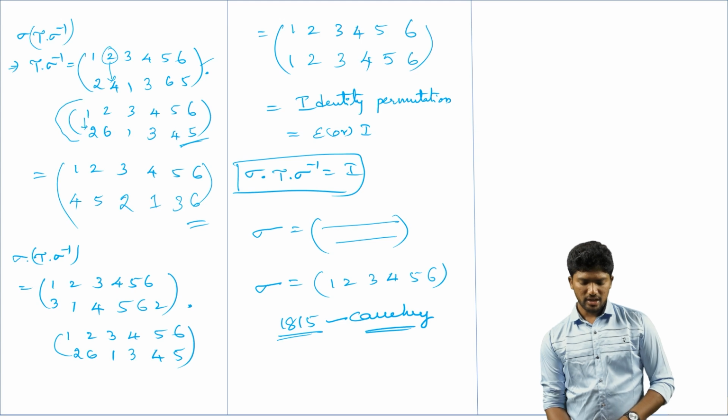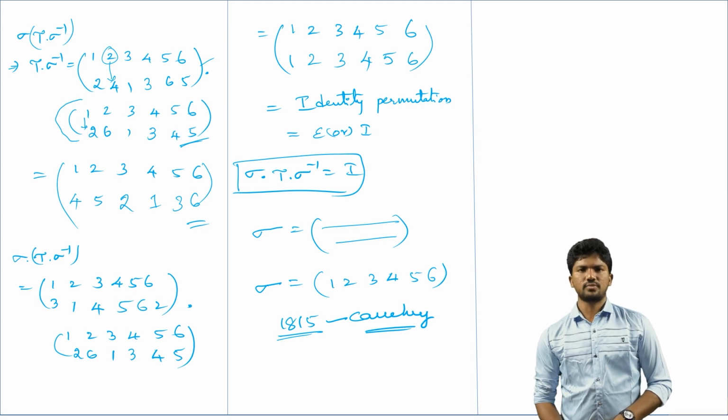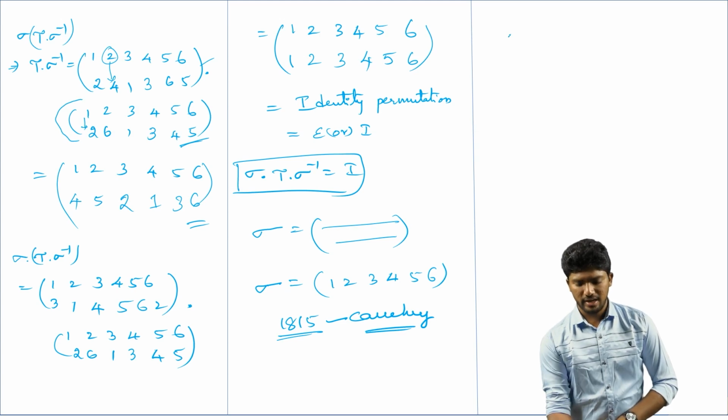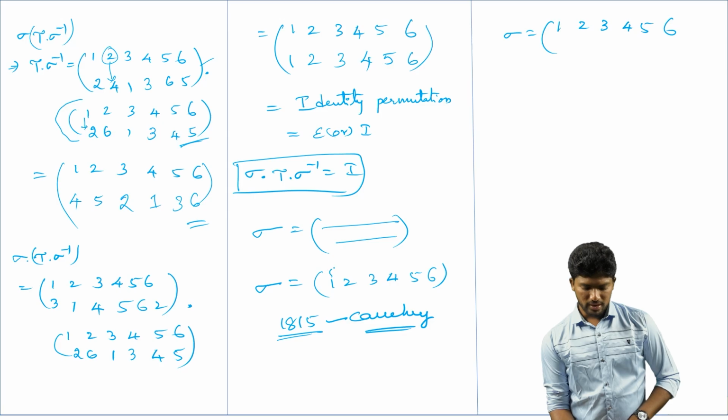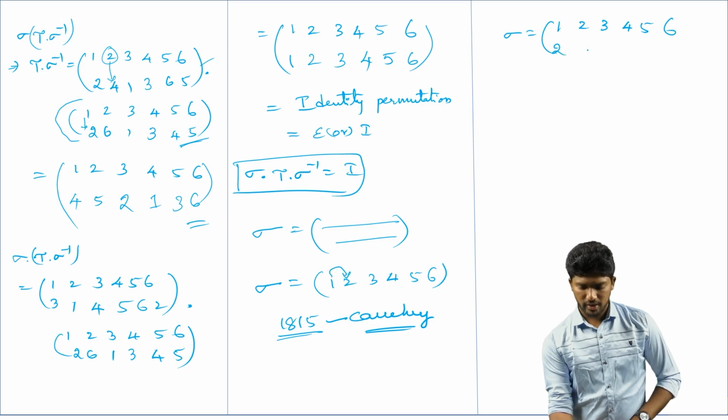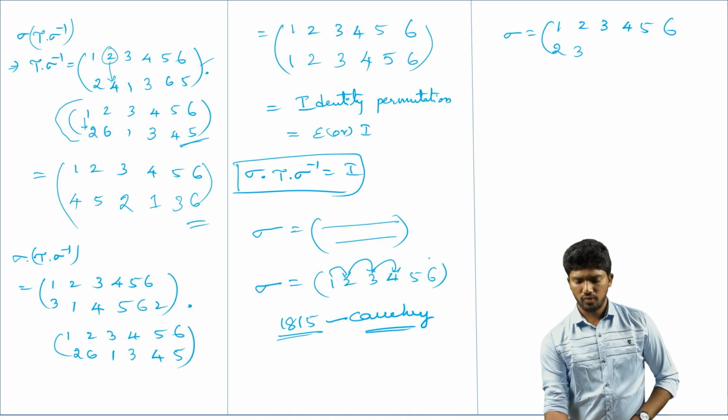Okay, so here whenever sigma is equal to 1 2 3 4 5 6, what is the meaning of that value? Sigma is equal to the first row, you can write as it is. Here 1 goes to 2, and 2 goes to 3, and 3 goes to 4, 4 to 5, 5 to 6, and again 6 goes to 1.